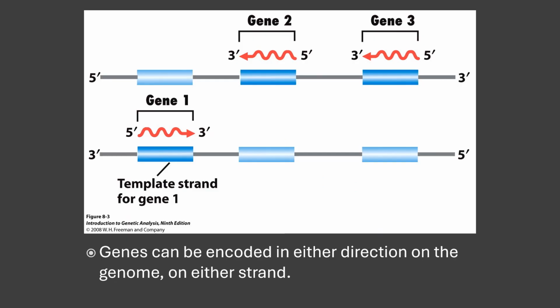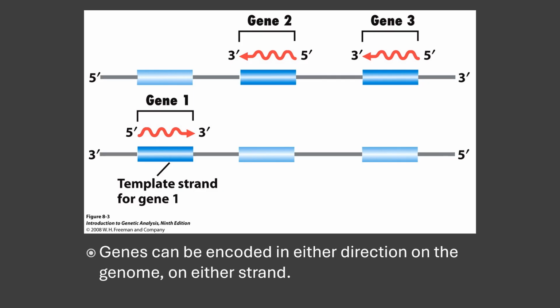So we won't spend a lot of time on this idea, but just to be complete, it's interesting because genes can be encoded in either direction in the genome and on either strand. It can get a little confusing because the coding strand is defined by the mRNA sequence that it produces, but one strand could be the coding strand for one gene, but the template strand for another gene.